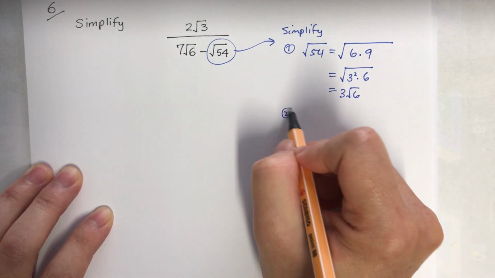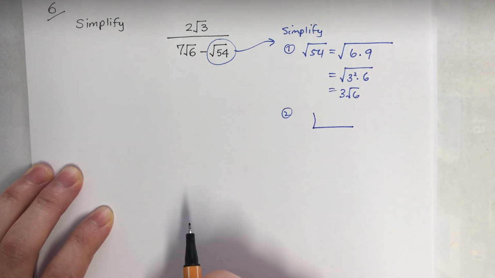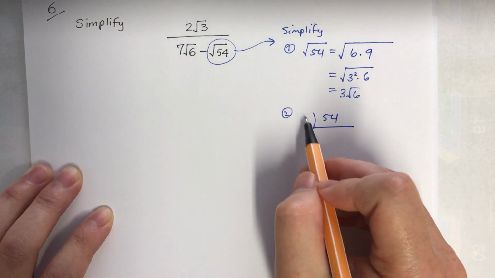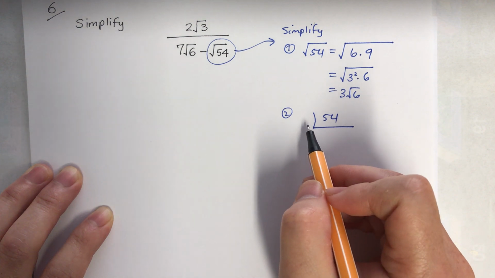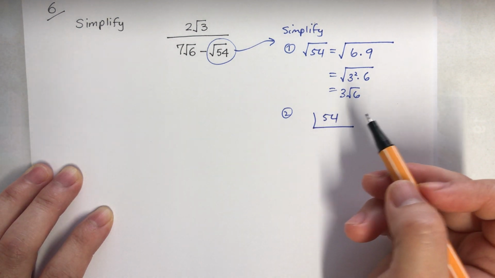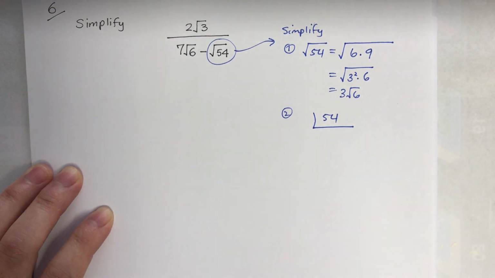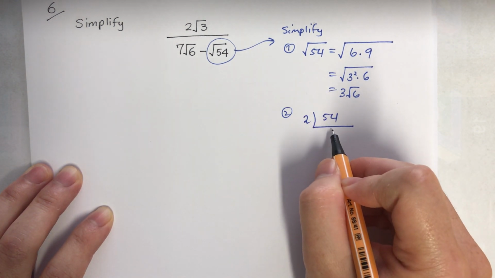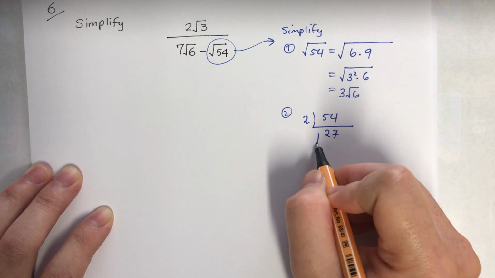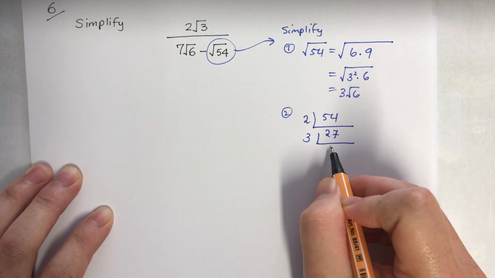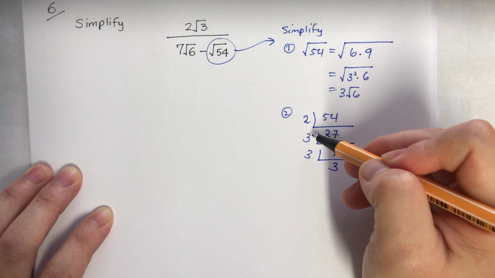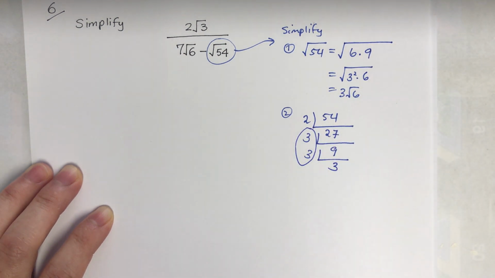Or the second one is upside down division: 54, and you divide it by prime numbers, starting with 2, 3, 5, something like that. So 54 is an even number, so I'm going to start with a 2, then 27, and I'm going to go with a 3, 9, 3, 3, and I'm going to pair them up so that I'm going to have a square.